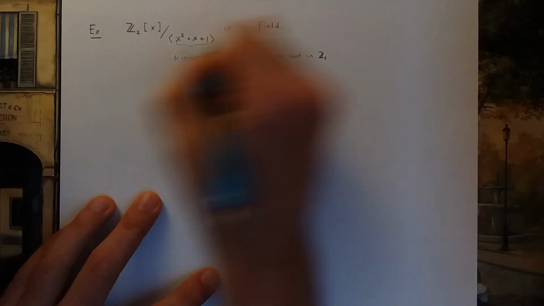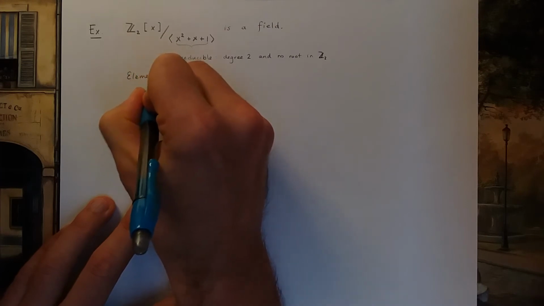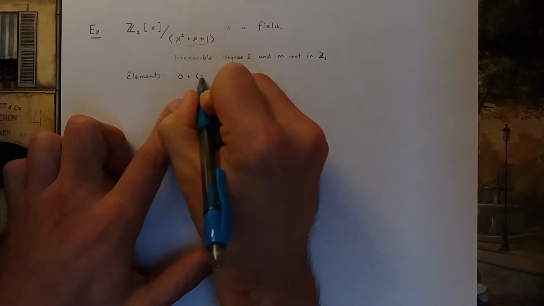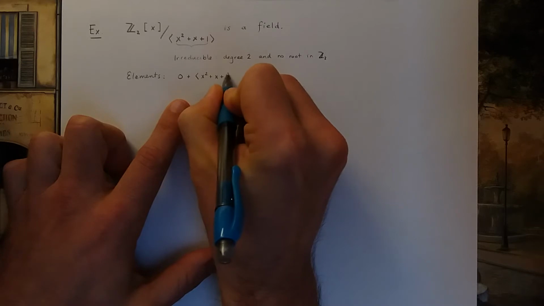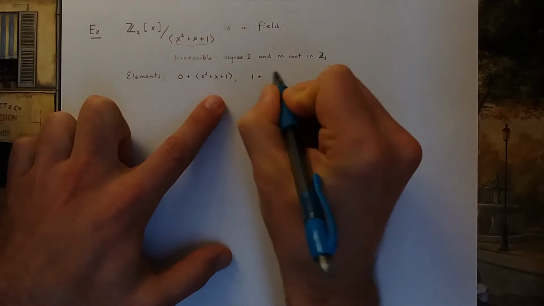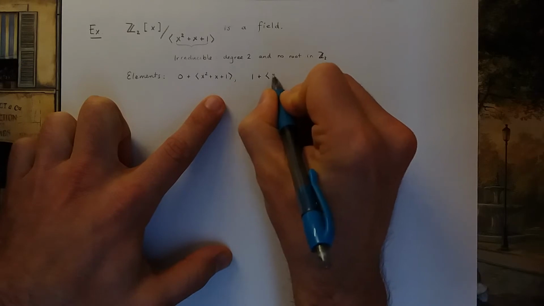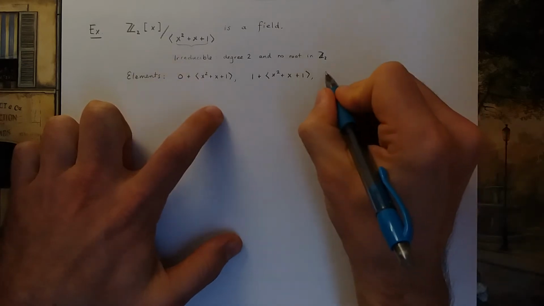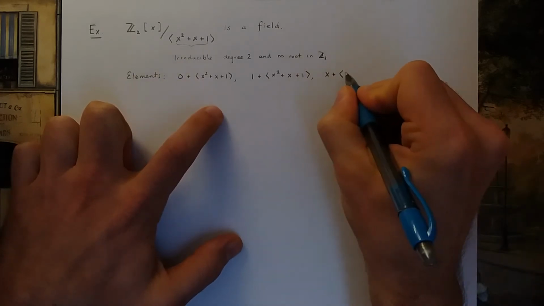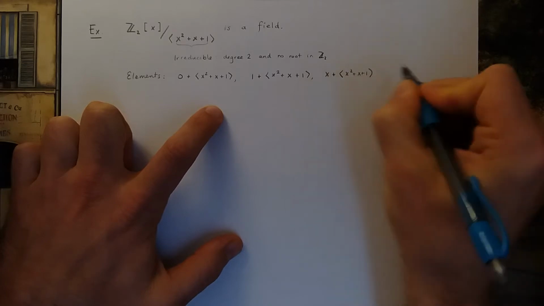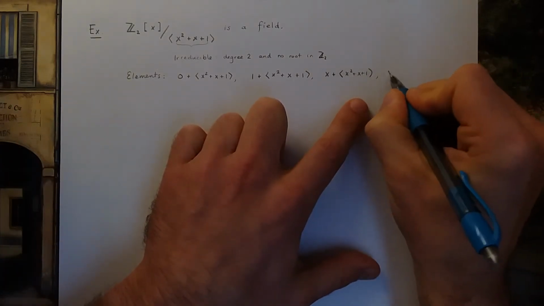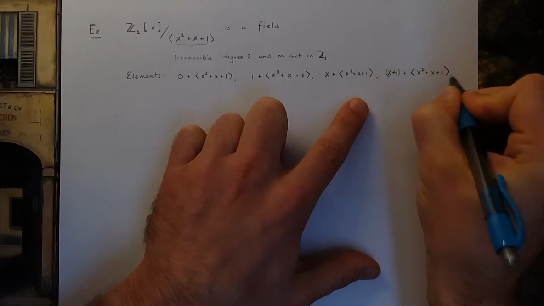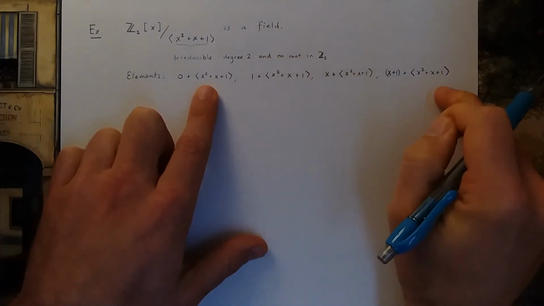Elements in this field are 0 plus your coset, 1 plus your coset, I think you could also get x plus your coset, and lastly, x plus 1 plus your coset. These are the 4 elements in your field.